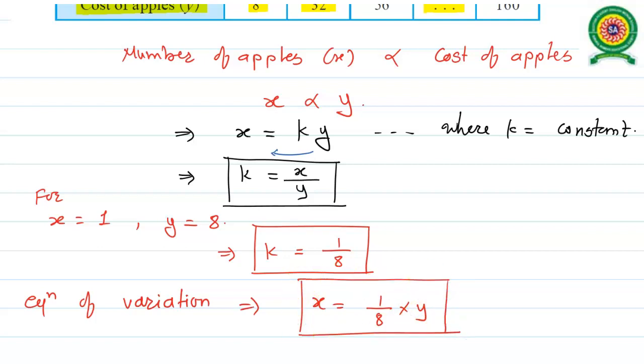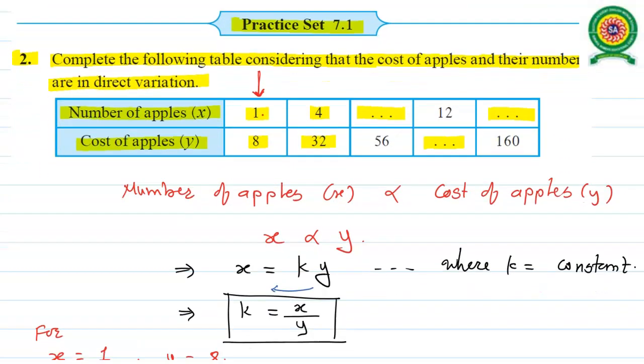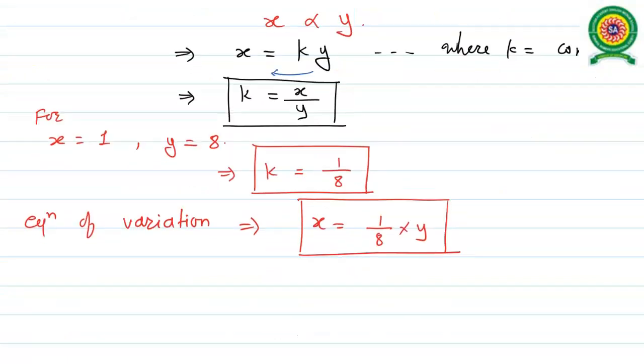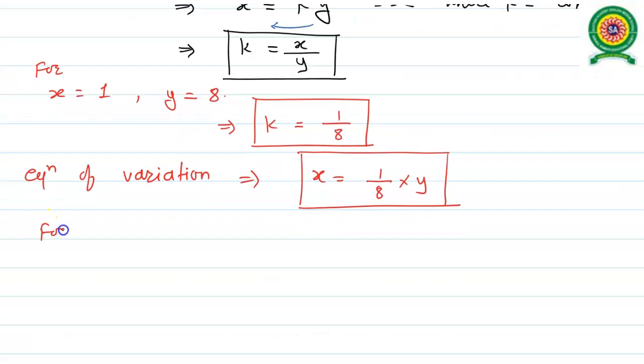Now for finding, look at the third column of the given table. We have to find X once the Y value is 56. So I am writing here for Y equals to 56, we have to find X. So what shall we have to do?